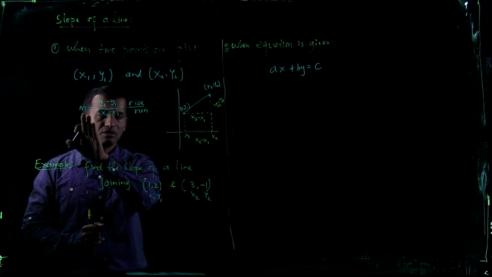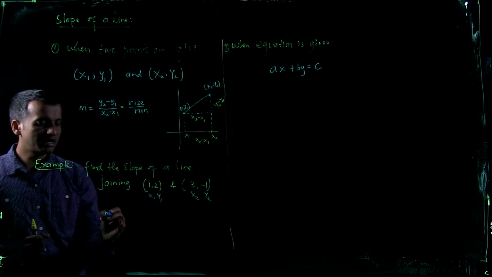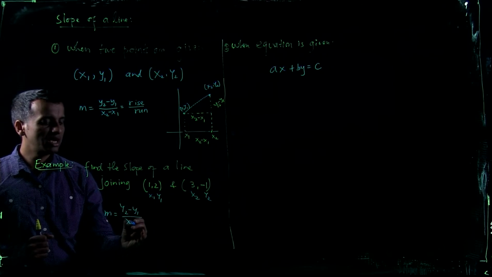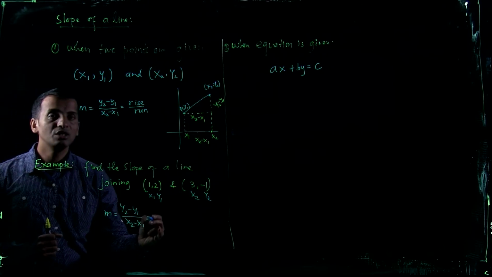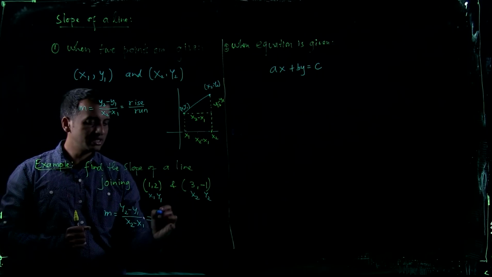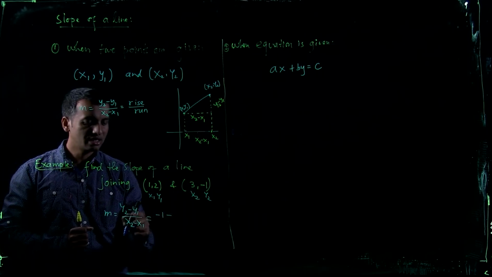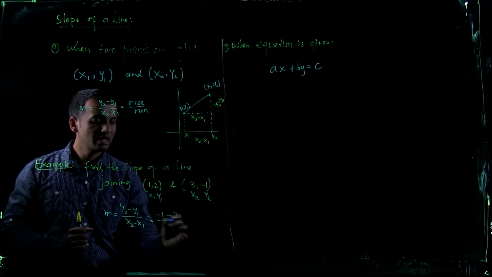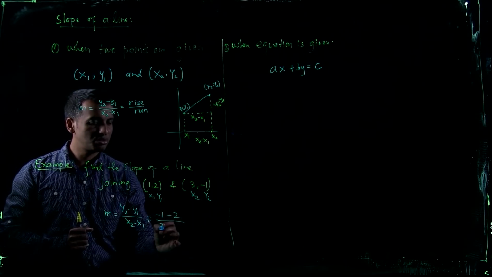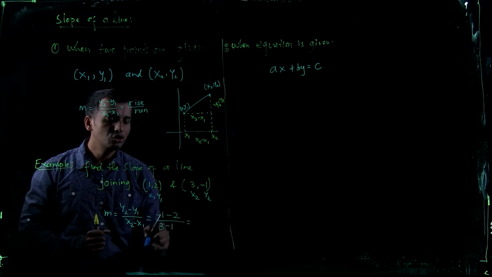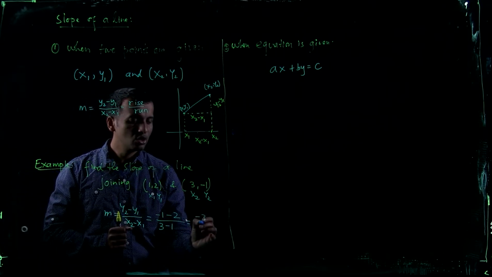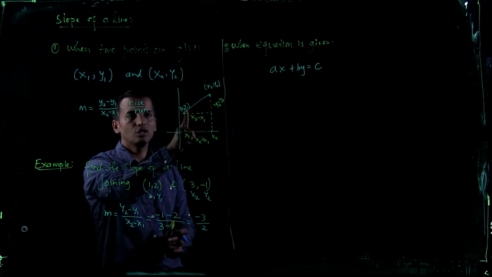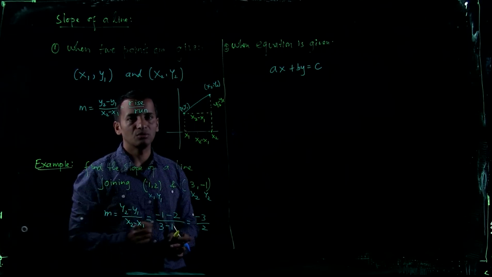So m equals y2 minus y1 over x2 minus x1. y2 is negative 1 minus y1, which is 2, and x2 is 3 minus 1. So this will be negative 3 over 2. That is the slope of this line segment joining x1, y1 and x2, y2.